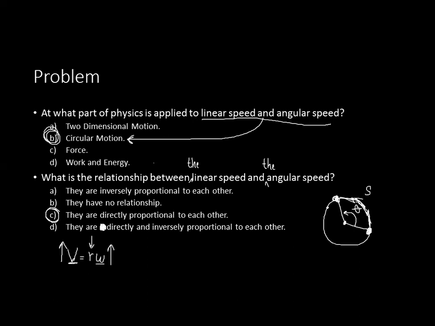So not only was the arc length involved in the formation of the distance traveled, but also the angular distance. Okay, so here they're actually connected to each other, hence their speed as well. So therefore they are directly proportional to each other. If the angular speed increases, the linear speed increases. If the angular speed decreases, then the linear speed decreases as well. All right, so the answer is C.